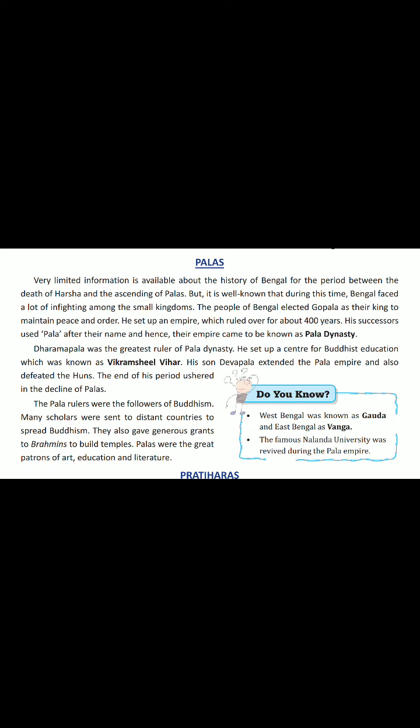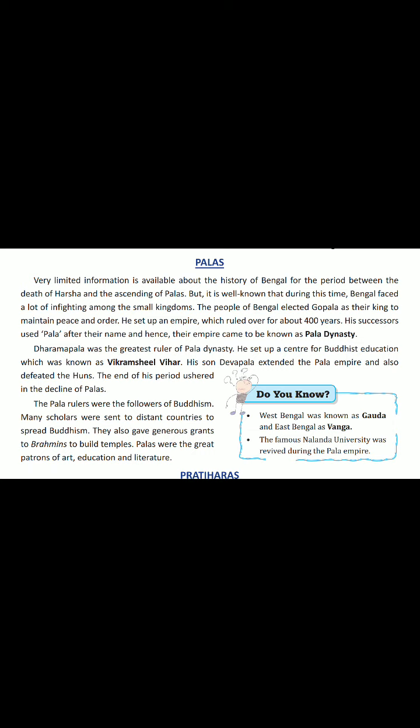There were so many wars between them, and the people of Bengal finally elected Gopala as their king to maintain peace and order. He set up an empire which ruled for about 400 years.